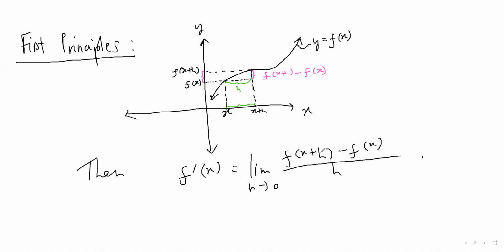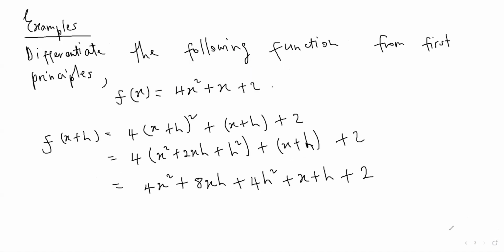We've got f of x plus h at the top of this fraction, this gradient. We have f of x plus h minus f of x. Now we need to subtract f of x from f of x plus h, so we can get the numerator of this fraction.